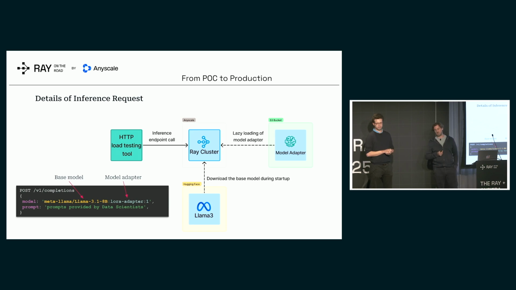Then for each LoRa adapter we want to test, we also pass the LoRa adapter. In the Ray cluster, on the worker node, the base model is downloaded during startup from Hugging Face. Then the adapters are lazily loaded, meaning they are downloaded and loaded into memory only during the first request.